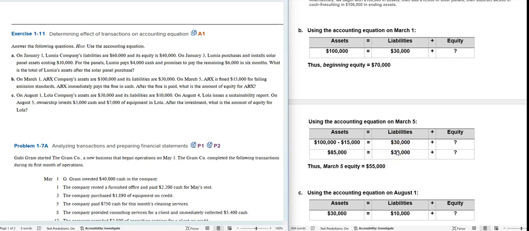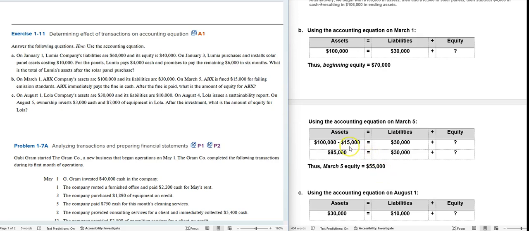So then the question becomes, well, what happened to equity? Well, as the company incurred a new expense, their equity went down. So I know that their equity on March 1st was $70,000. The $15,000 fine would have increased expenses and decreased their equity to $55,000.